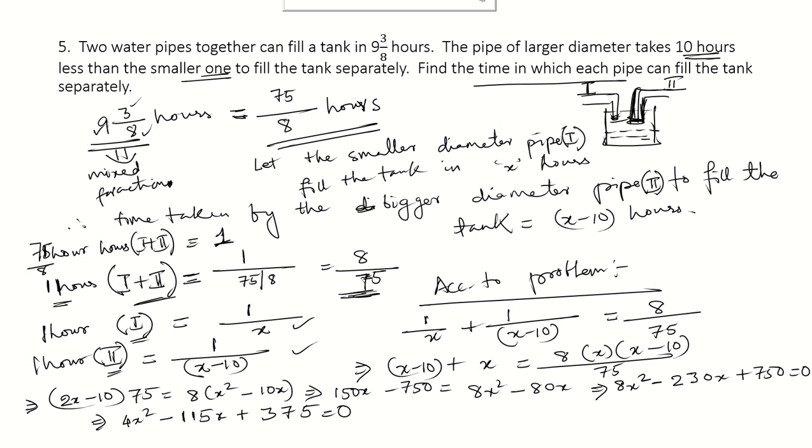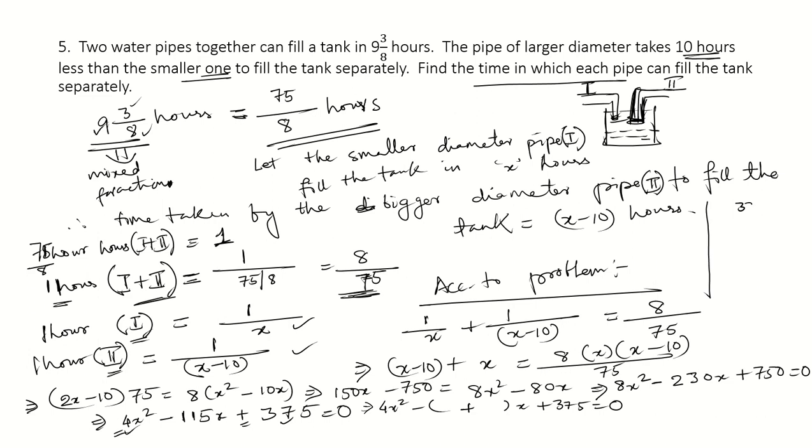Now it's simple. We will just factorize this. We have 4x squared minus 115x plus 375 equals 0. Here it's minus and a plus, so we need to multiply 375 with the 4.